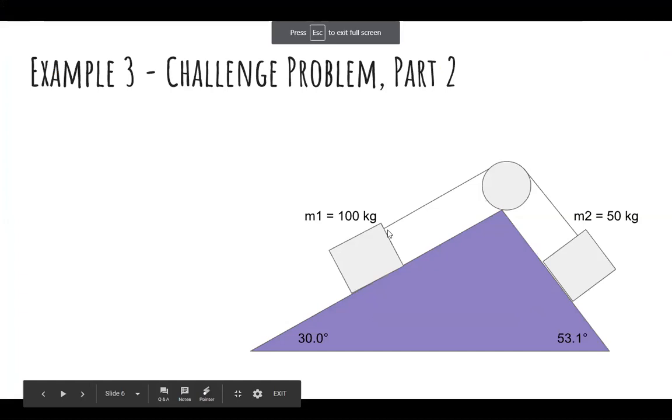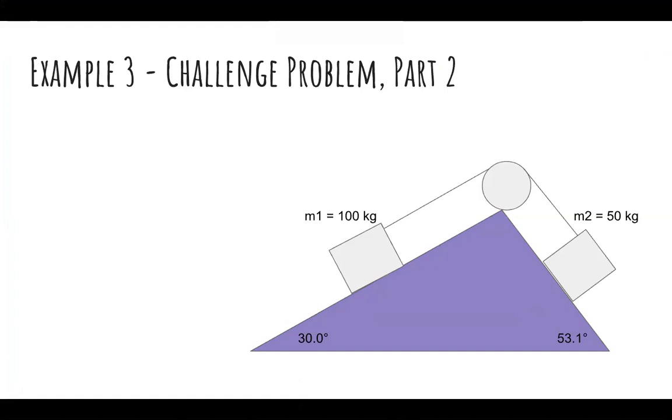So from our math, we're able to figure out that the direction of acceleration is this way, and that it was equal to negative 0.65 meters per second squared.